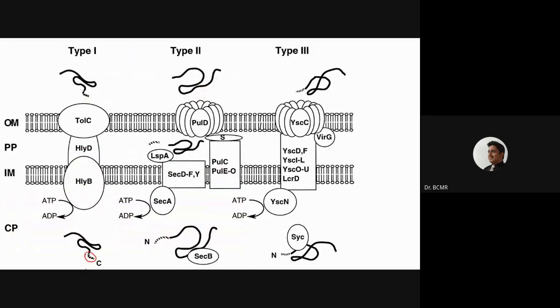So you need some signal parts in the proteins that are secreted out. Not all proteins are secreted out, right? It's a selective secretion of proteins. For that reason, we need to know what those signals are. In different bacteria or different secretion systems, the signals are different, and one can use those signals.